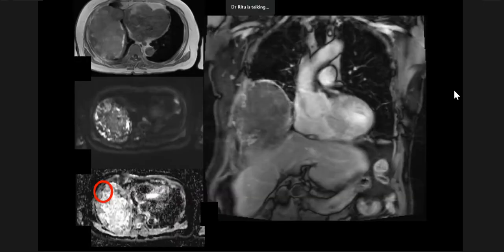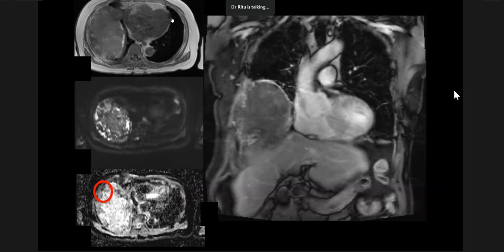DWI or ADC is a very good way to figure out if there is malignant degeneration. Suppose you have a baseline tumor, a very large tumor, which was also a known fibrous tumor of the pleura, and the patient did not want to have surgery. So they tracked the patient over time, and we found that the ADC values in some areas started to change, and there was malignant transformation in the fibrous tumor.